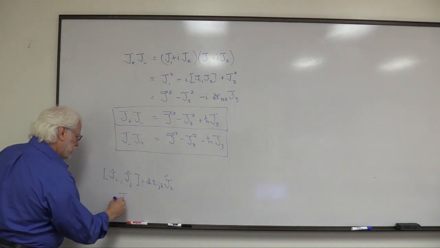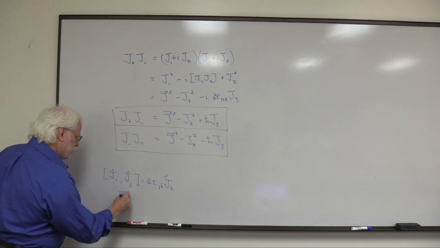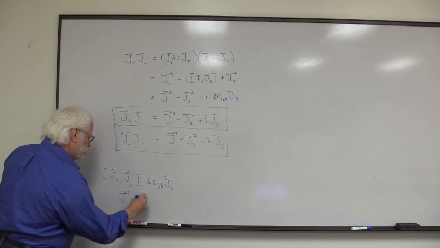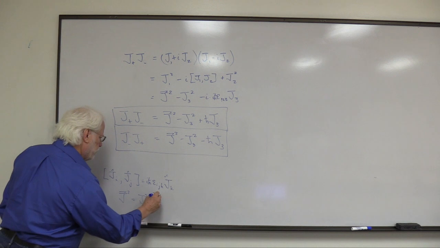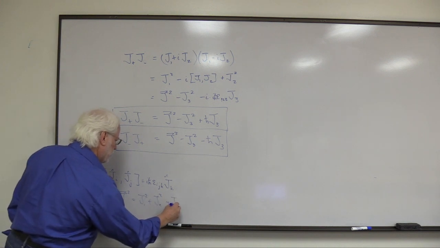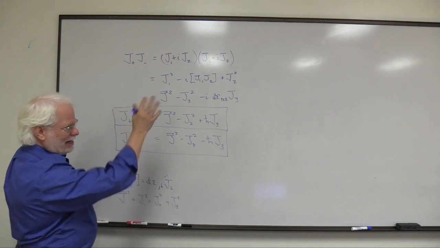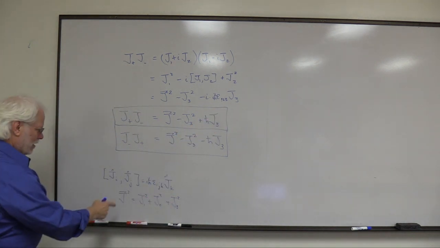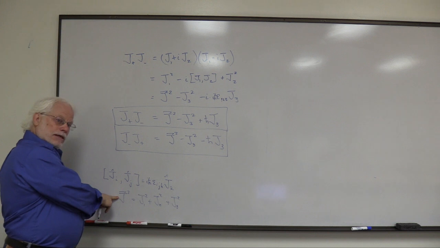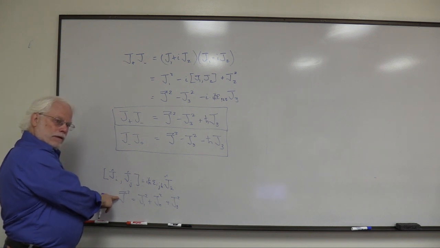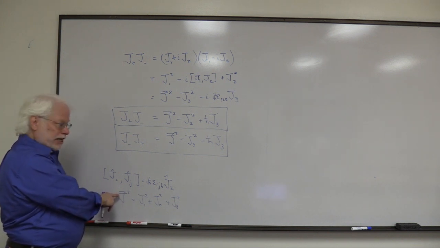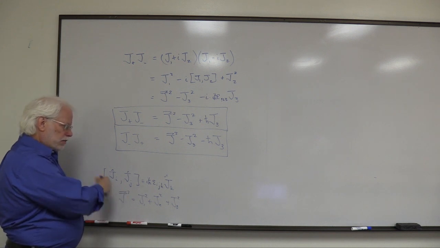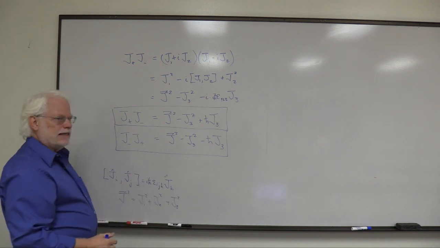The other thing we're using is that if we sum the squares, J1 squared plus J2 squared plus J3 squared, I'm omitting all the hats on everything. There's a hat on every one, right? This is a Casimir of the Poincare group and of the rotation group. This squared operator commutes with everything. You know, I didn't show that.